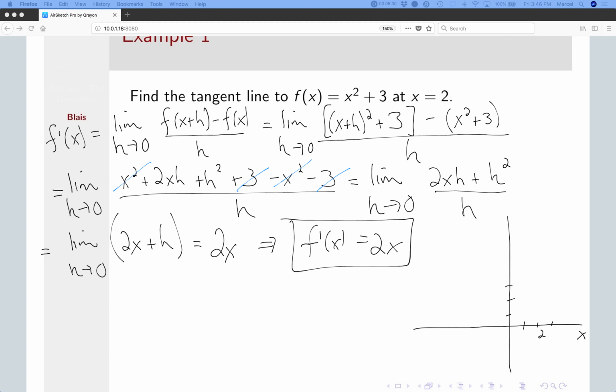So x squared plus 3 we know is the graph y equals x squared shifted up 3 units. So this is our f of x. We can also graph our derivative. Remember, derivative here, it's a function. This is just the line y equals 2x. So we will go here and then rise over run up 2 over 1.